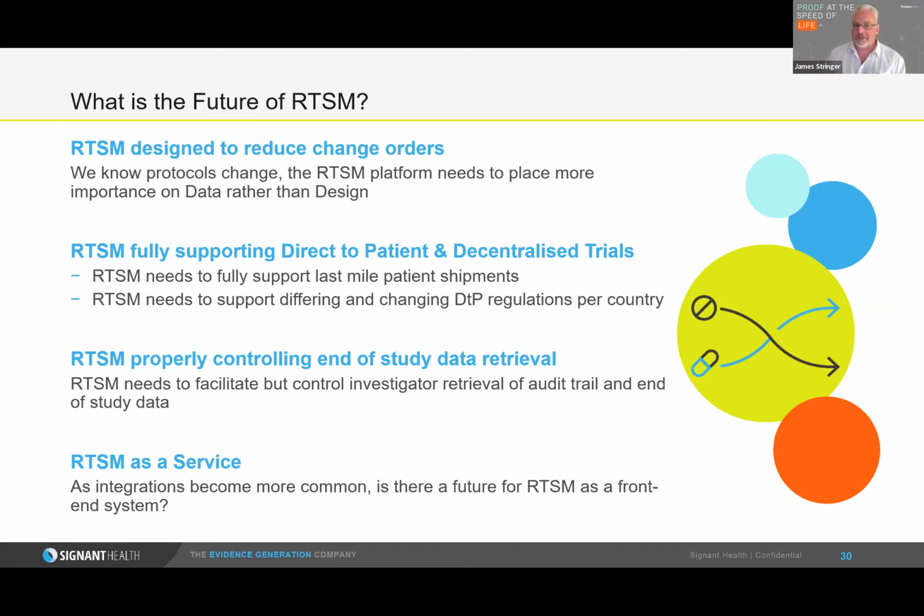So RTSM as a service, I absolutely see as a growth area or as a need in the future of RTSM. Now, all of these things, it's very helpful working for Signant because all of these are on our roadmap. But I would expect that when we're thinking about RTSM industry-wide, these are the things that we absolutely want to target.